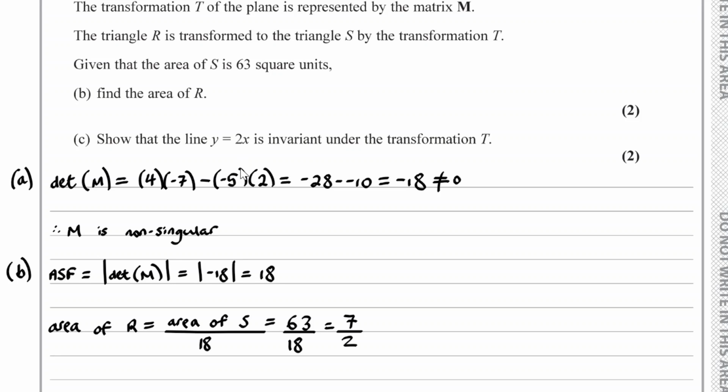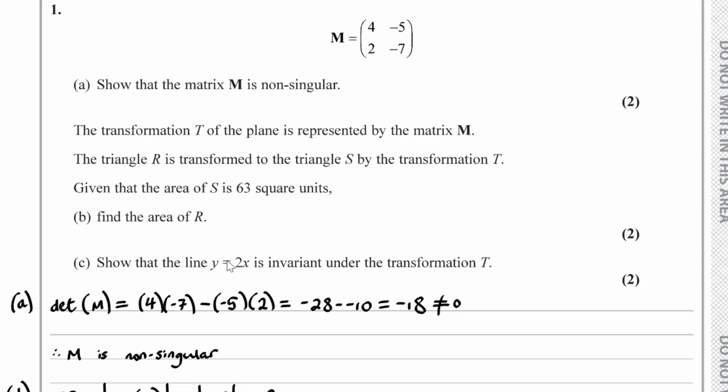Essentially, for this question, we multiply this matrix by the vector x and then 2x, and if we get as a result some multiple of x and then 2x, we can therefore conclude that the line is invariant. Okay?